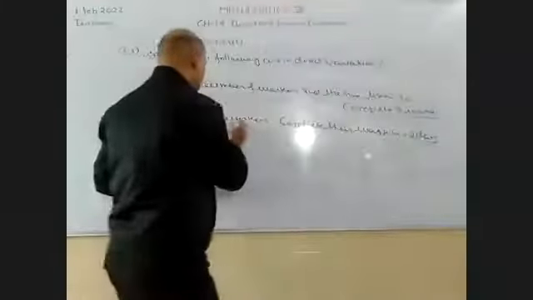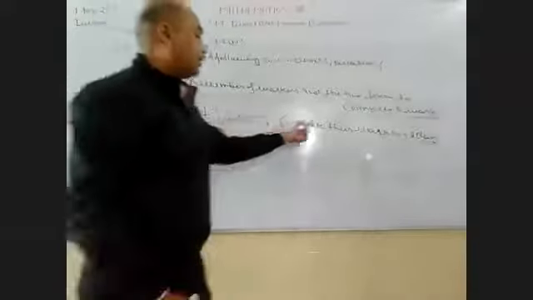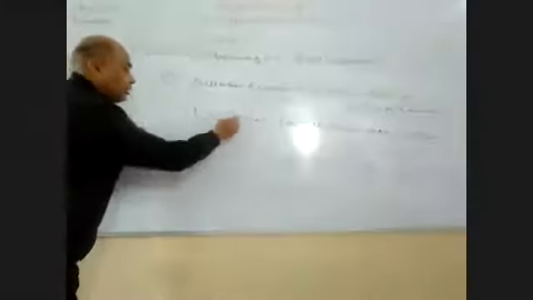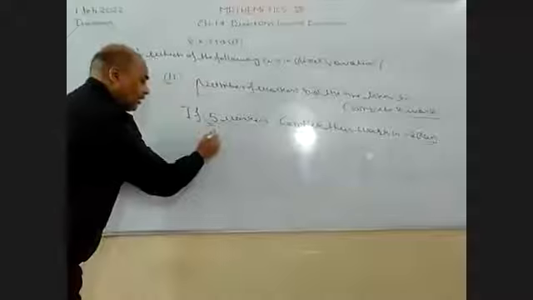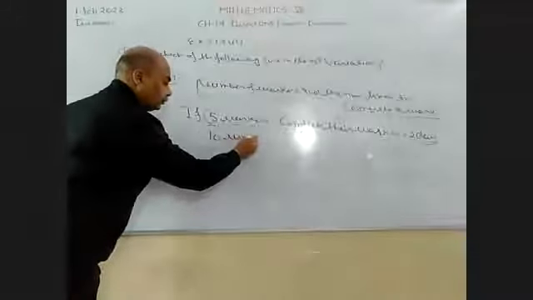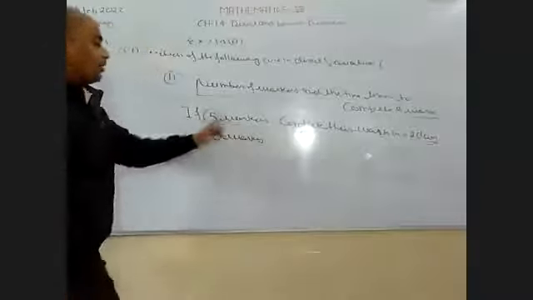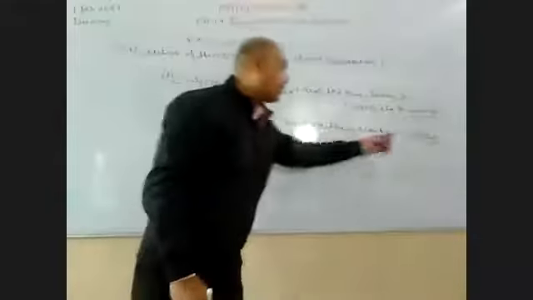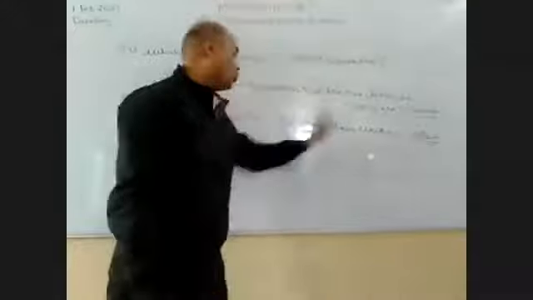What do I write here? 5 workers complete their work in 2 days. Now I want to increase the number of workers. If I increase the number of workers, I write here 10 workers. First 5 workers are there.